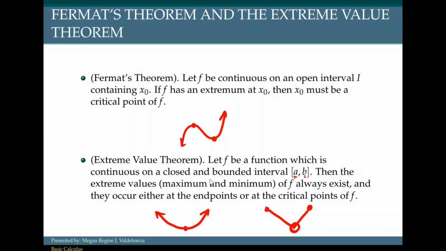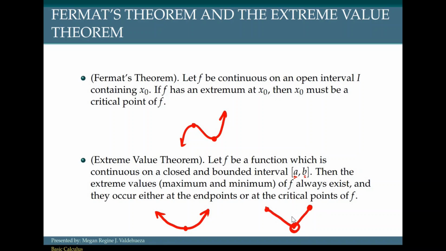So the function should be continuous on a closed and bounded interval. That is the first condition. And a maximum and minimum value always exist, and it will only occur at the endpoints or at the critical points of the function.